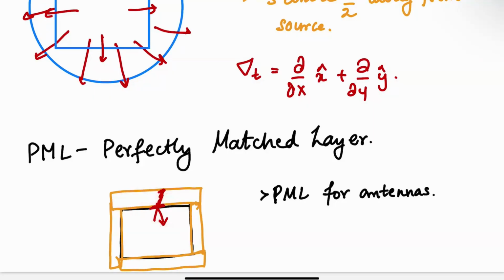But the nice thing is that with PML boundaries, you don't have to be lambda over 2 away, you can be lambda over 4 away or so. So the overall solution space can be smaller. But from my experience, PML for most antennas doesn't make that much difference, and it can be a bit slower to solve with. So I usually just rely on the radiation boundary condition, unless it's a very specific kind of antenna that you need to be very precise with the simulation.